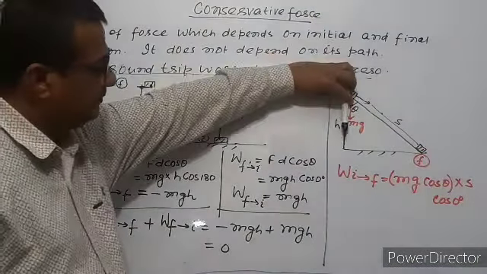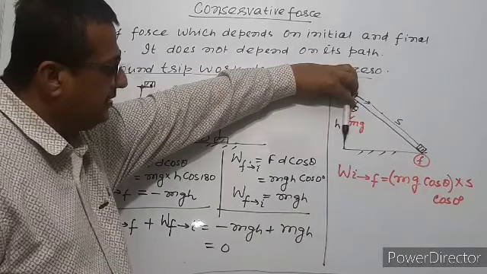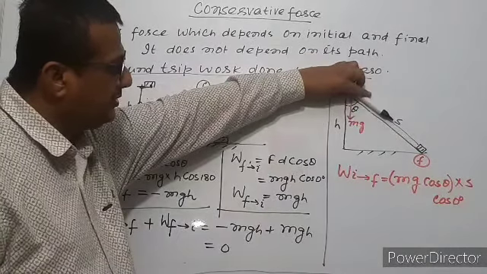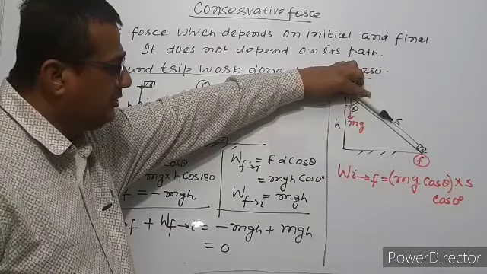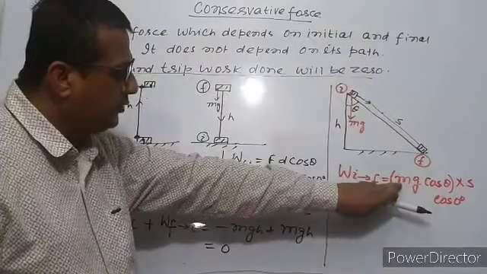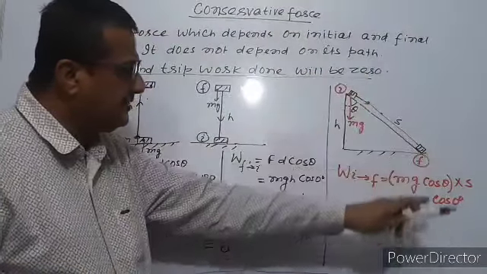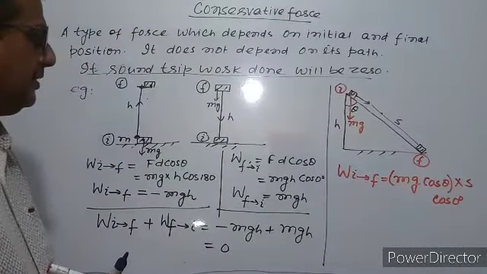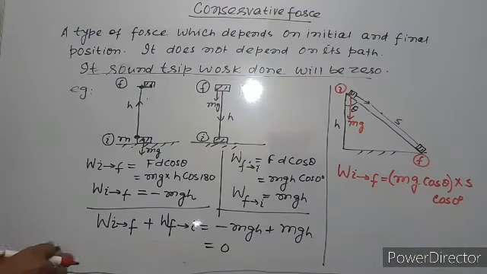This is the force mg. mg is resolved along this direction. This is equal to mg cos theta. This is the force and displacement is s, and angle between force and displacement is 0 degree.